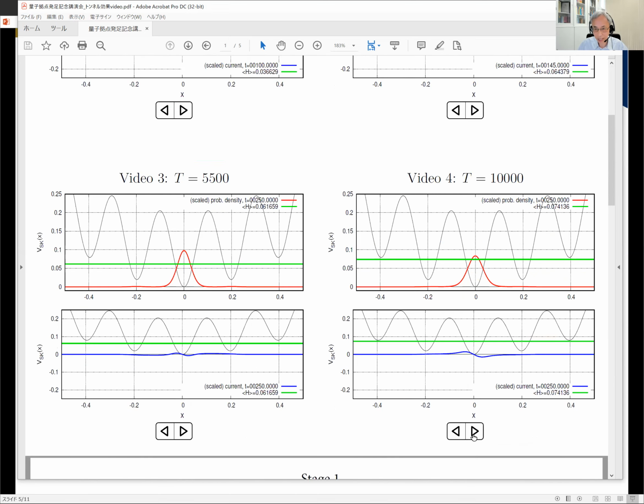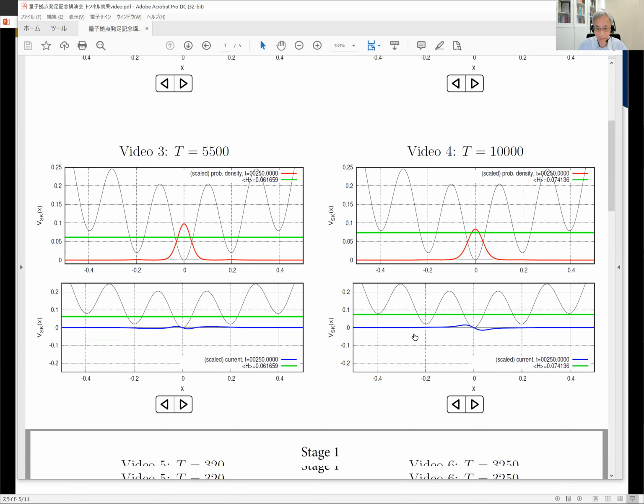For the largest annealing time, it is very monotonic. But it is still non-adiabatic in the sense that in the adiabatic process, the current should be 0. And the probability increase at the central valley means that the probability tunnels through the barrier.